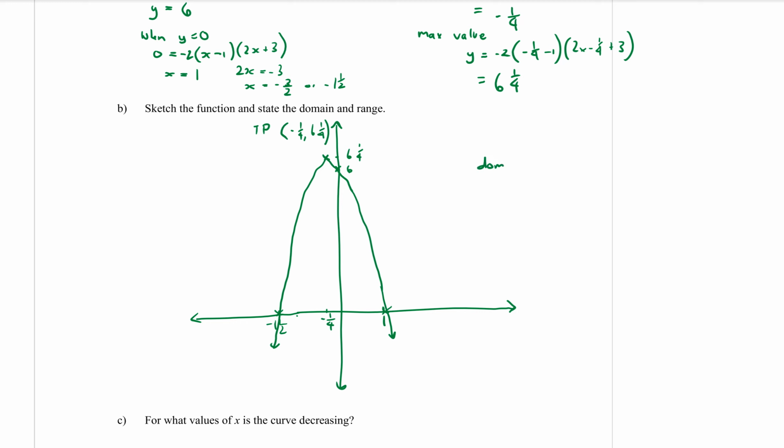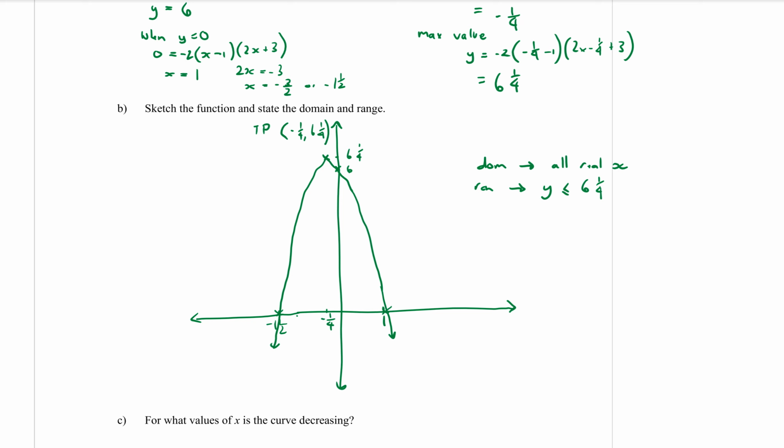Domain is the x values, all real x. The range is talking about the y values. y has to be smaller than or equal to 6 1/4. Correct. All right, thank you. Would have lost marks if I'd missed that.